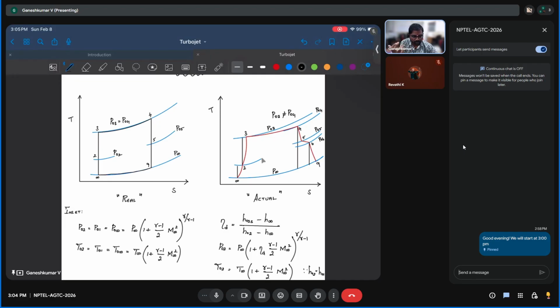This is how the ideal cycle would look, and this is how an actual cycle would look, because not all the processes are isentropic or constant pressure. You will have a real process which deviates from the ideal process. If you say it's an isentropic process, where this is a straight line, you will end up having a slight heating of the fluid, which would lead to a little bit higher temperature.